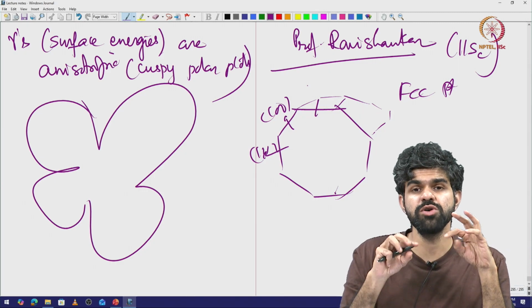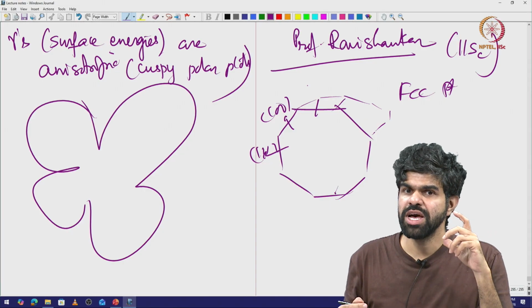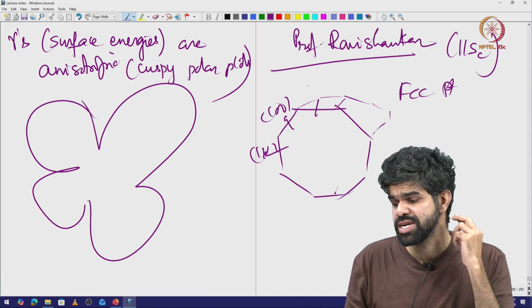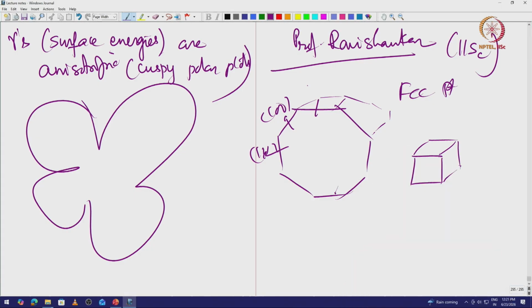So I want to have some controllability over the shape. Let's say I want to make not dodecahedrons, but cubes, platinum crystals.